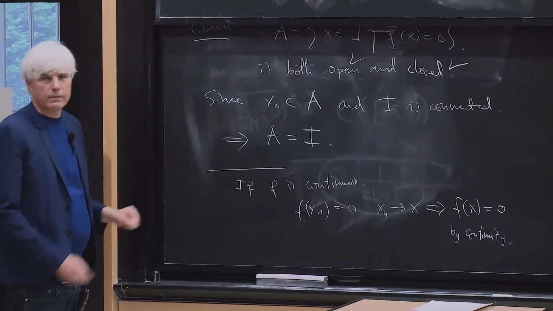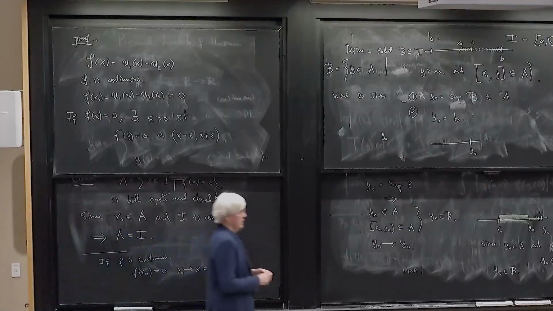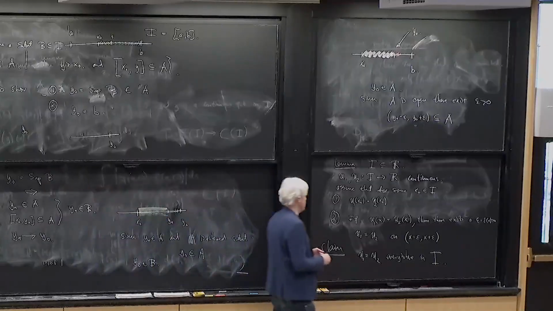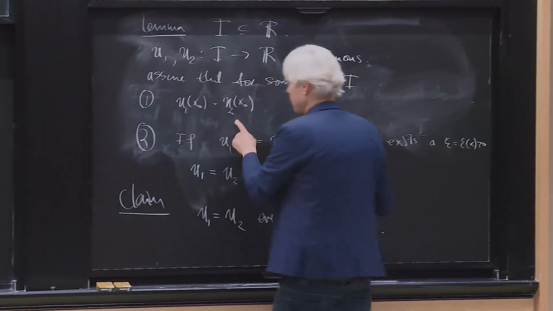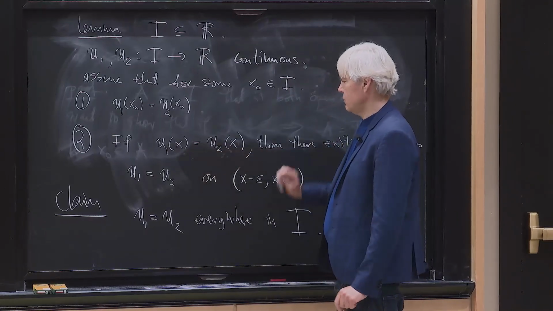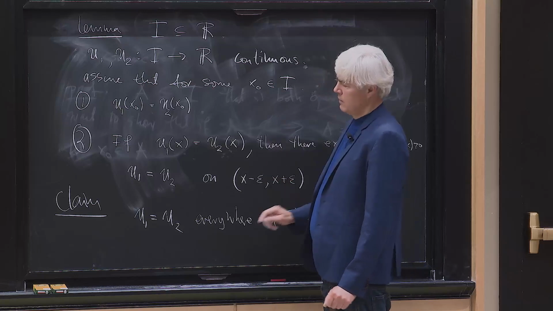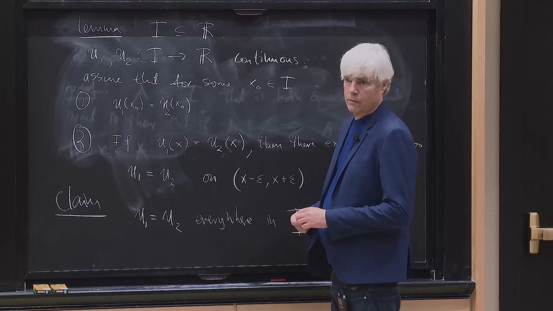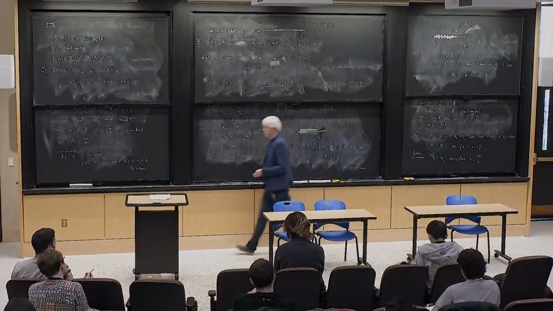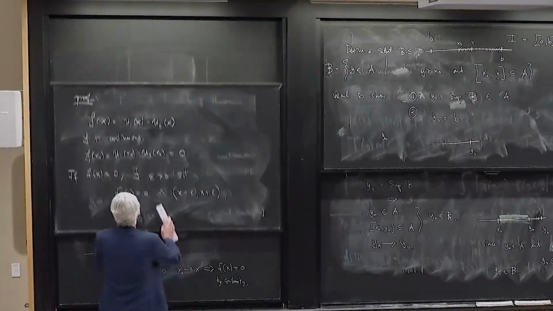And so if you have two continuous functions defined on an interval that coincide at one point, and if they coincide at one point, then they coincide in a little neighborhood, then they must be equal in the whole interval. Okay, so now, how does this relate to the uniqueness that we wanted to prove?